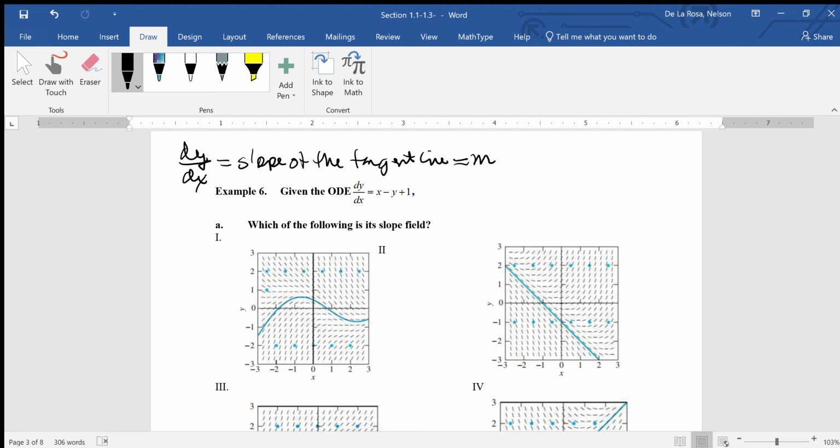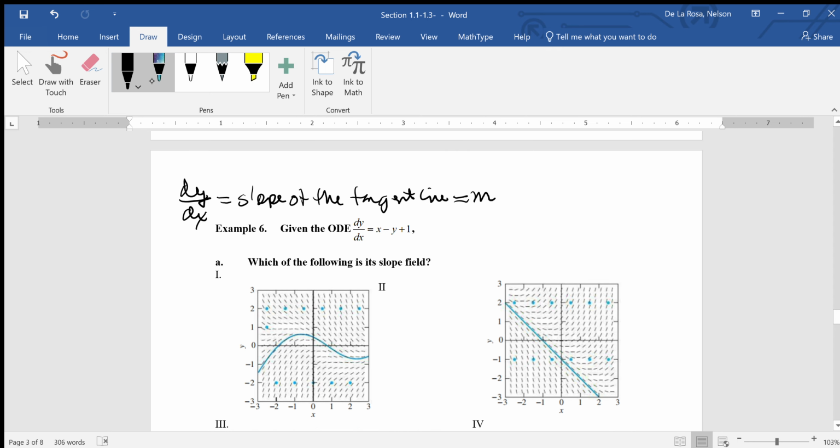Now, if, for example, we pick the point (1, 1) and we replace it in the given ODE, then dy/dx is going to be positive, because we're going to have 1 minus 1 plus 1. That's going to be a positive number.